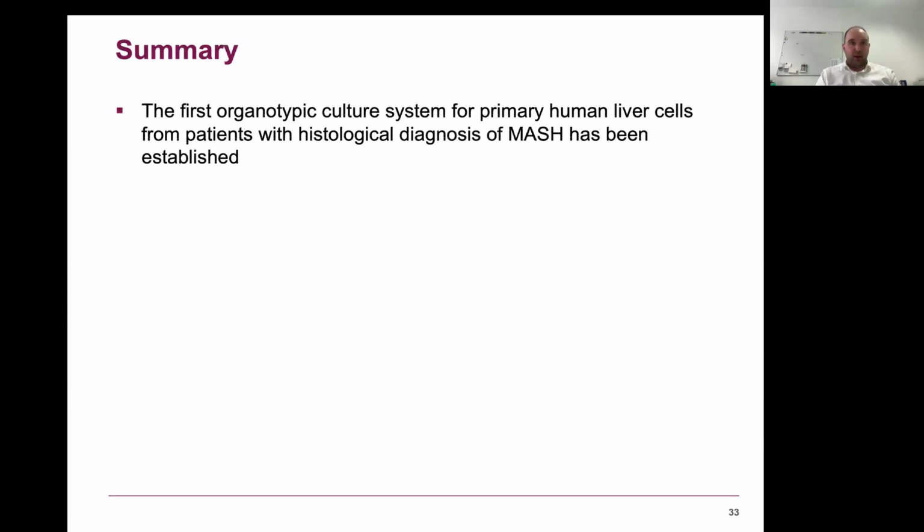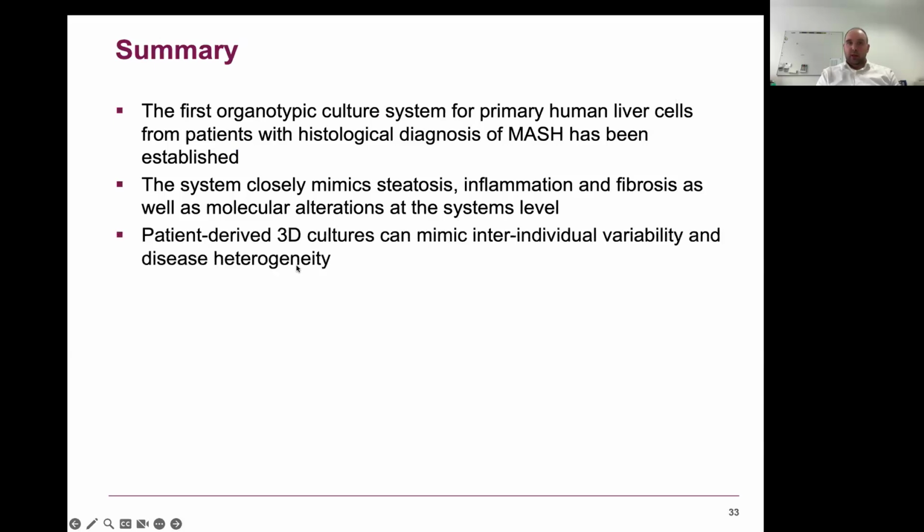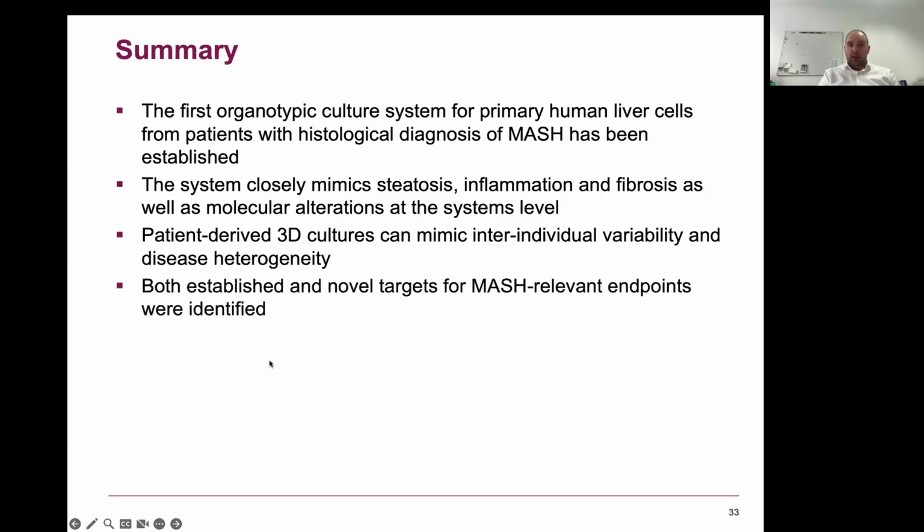So with this, I'm done. I think my time is also up. So I hope that I could convince you that these organotypic culture systems of primary human cells can indeed be cultured and recapitulate important aspects of steatosis, inflammation, and fibrosis. These patient-derived cultures can mimic the inter-individual variability and also the heterogeneity of human MASH.